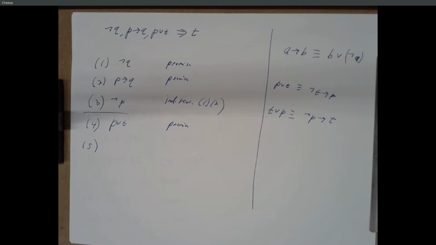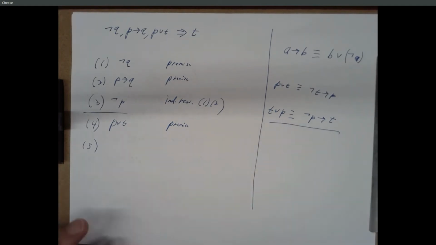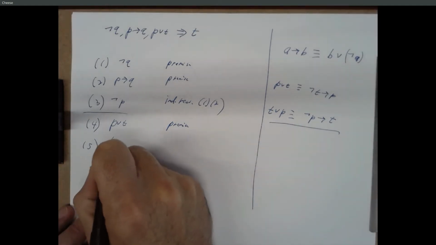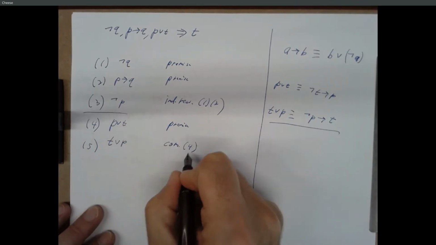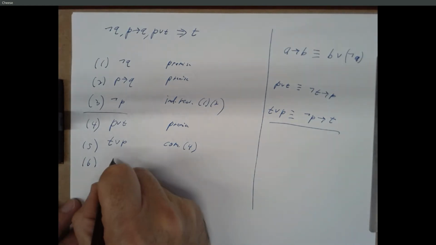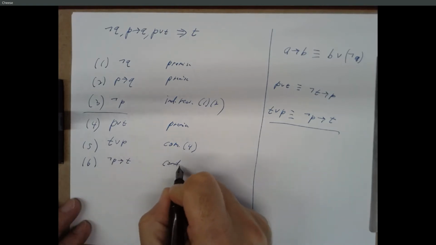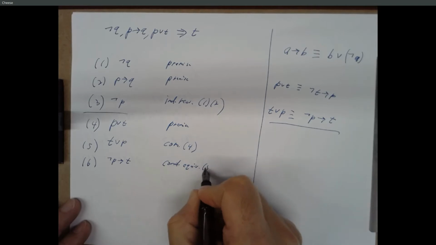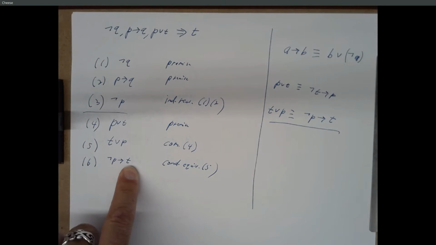So was one of those going to help us? The bottom one. Yeah, this is totally going to help us. You don't have to do this, but I'll do this anyway. T or P, that's commutativity on statement 4. And this is logically equivalent to not P implies T. Saying that this is true means that either the conclusion is true or the hypothesis is false.